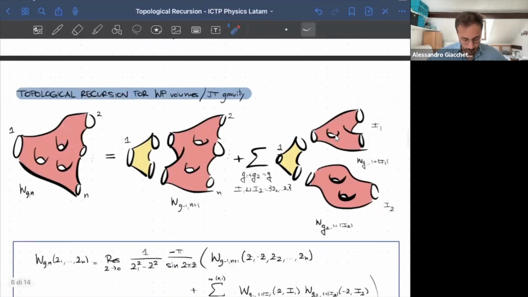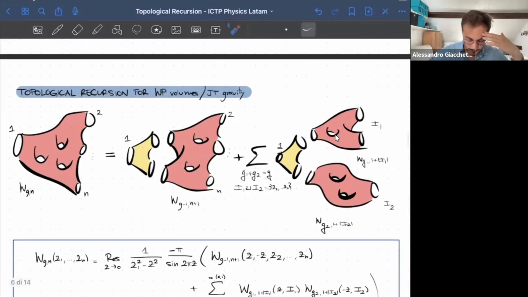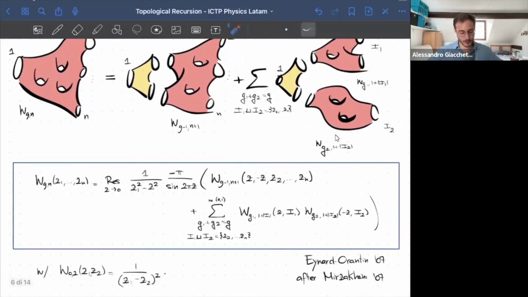And now I can finally tell you what this topological recursion formula is for the specific case of Weil-Petersson volumes or JT gravity correlators. In this case, you will see how this pictorial way of representing topological recursion is not just pictorial, it is literally what is happening. So this formula goes as follows.